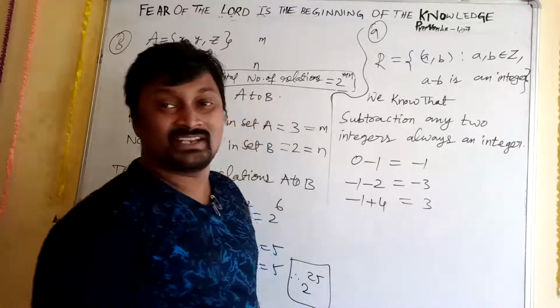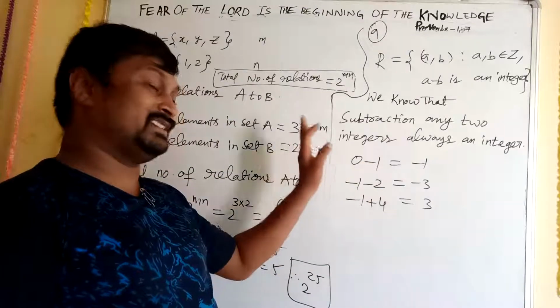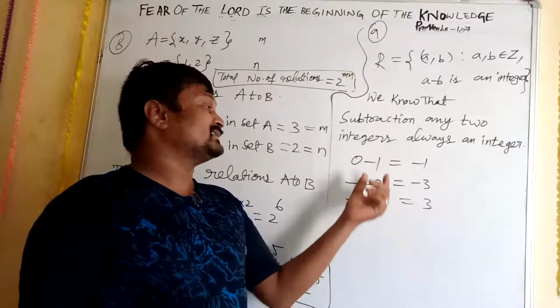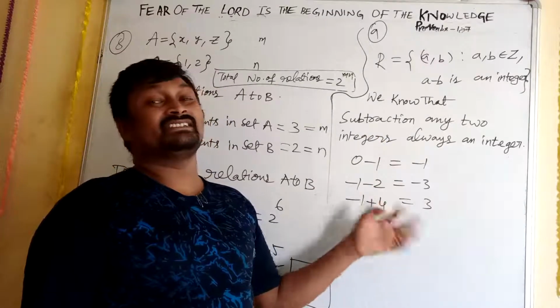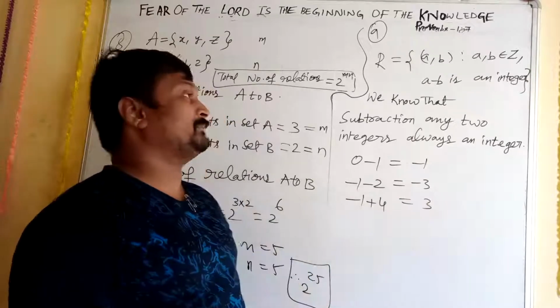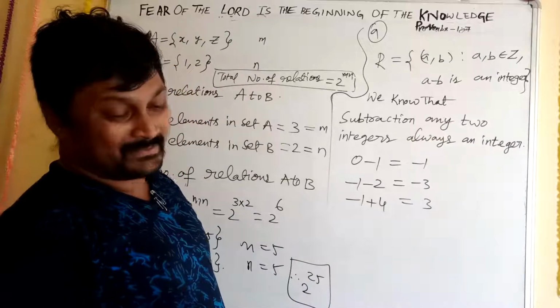So from this, what you understood is that from minus infinity to plus infinity, whatever it is, you are finding that all are integers. So you are going to get all differences as integers. From this, what did they ask us to find? The domain.